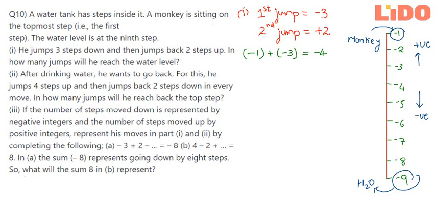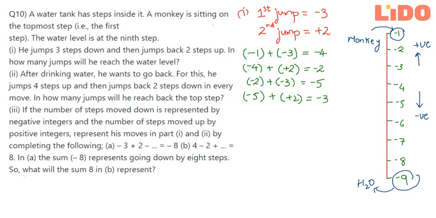Let's do this. Okay, so minus 4th position is where he is now. Now we are going to add the second jump, which is +2, which will give us -2. Okay, let's go on doing this. Minus 5th position. Minus 3rd position. Minus 6th position.